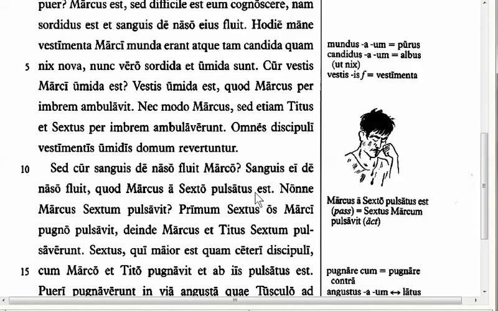So the way we form the perfect passive participle here with pulsatus is simply take the present stem, pulsa, from pulsare, take off the -re, and then add a T with the adjective endings -us, -a, -um, in their respective cases.